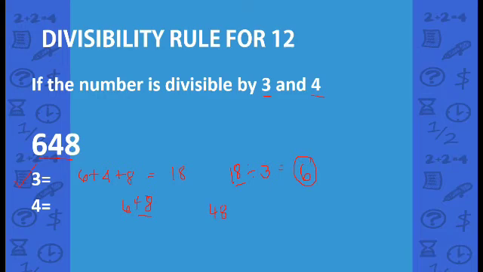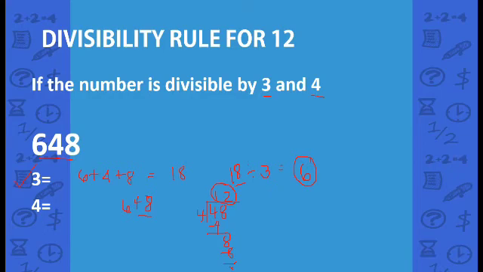Let us divide 48 by 4. 4 divided by 4 is 1. Let's subtract, then bring down 8. 8 divided by 4 is 2. 2 times 4 is 8. Then, 0. So, ang nakuha nating sagot ay 12.